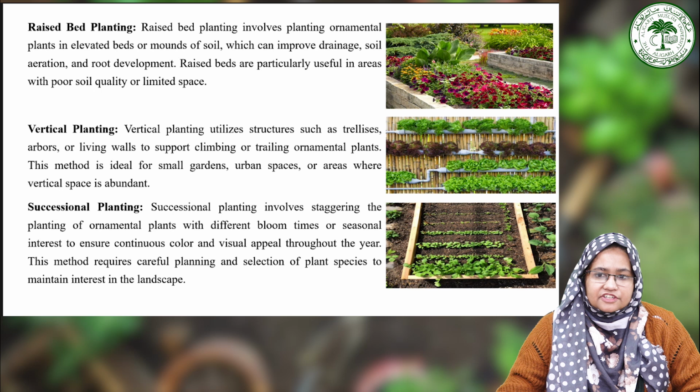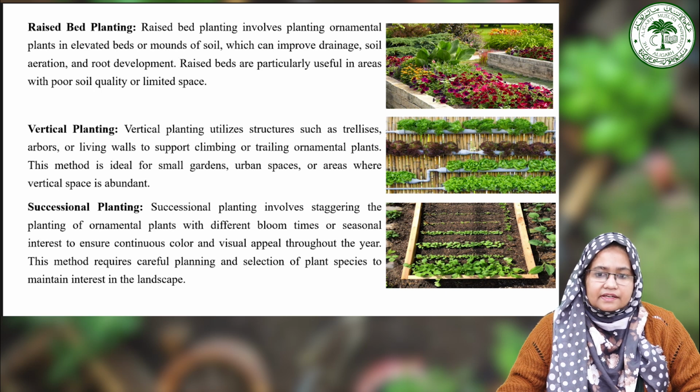Then successional planting involves staggered planting of ornamental plants with different bloom times or seasonal interest to ensure continuous color and visual appeal throughout the year. This method requires careful planning and selection of plant species to maintain interest in the landscape.